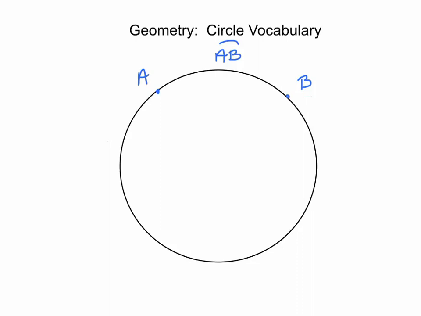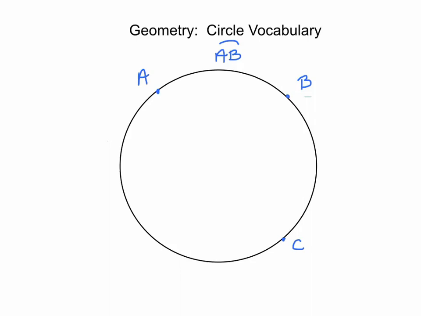And there's also another arc that's defined by A and B, and it's this arc. But this arc travels over 180 degrees. It covers most of the circle. To distinguish it from this arc, which covers just a short distance, we'll need a 3rd point on the circle, and I'll put it way down here.